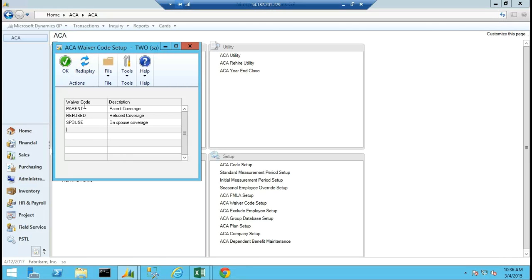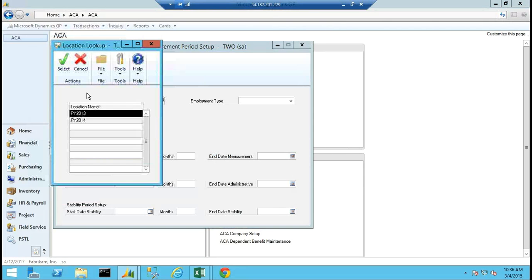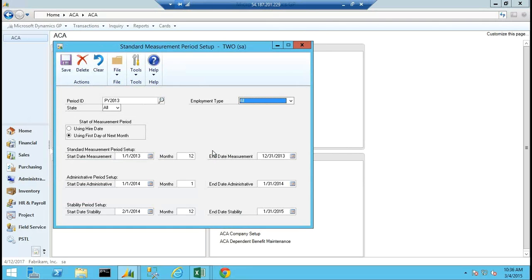If I tell you, though, that I'm covered under my spouse, and let's just say in June my spouse loses coverage, that's a life event. And most insurance carriers can open up coverage for that, or for the parents when they turn 26 or they lose coverage.